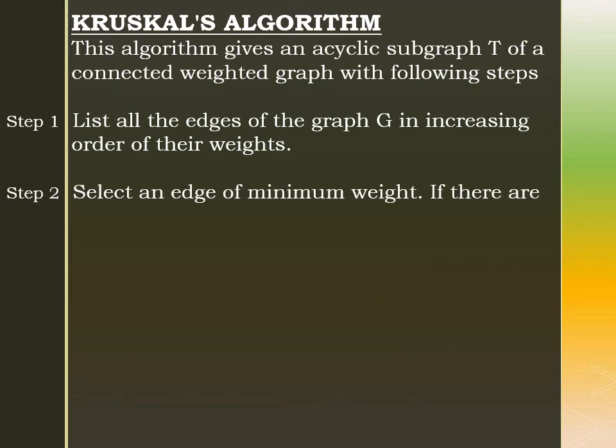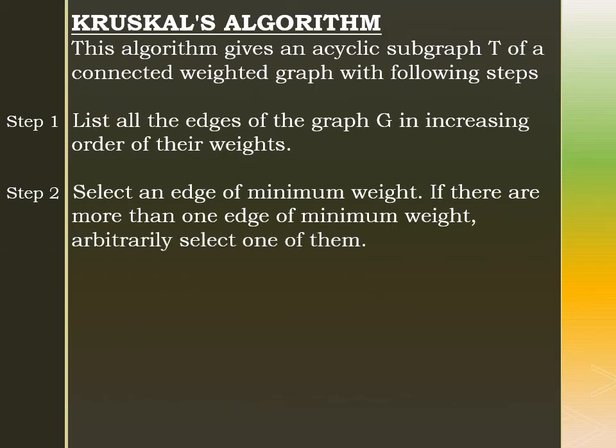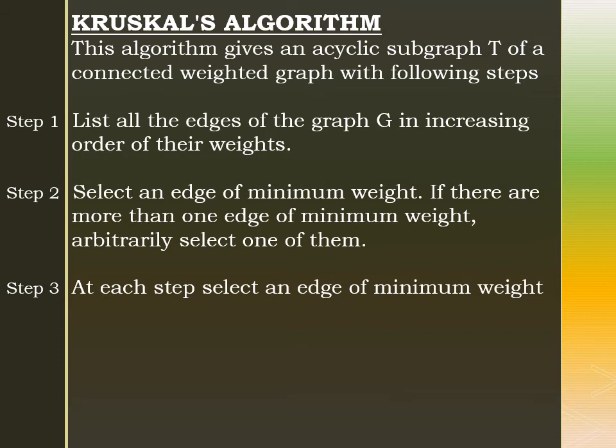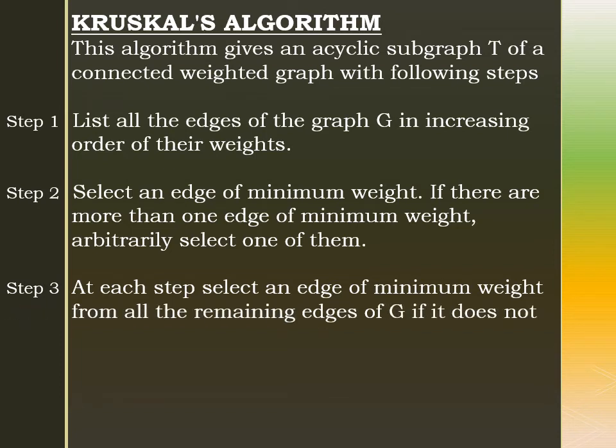The algorithm starts with selecting the edge with minimum weight, and if there is more than one edge with the same weight, we can arbitrarily select any one of them. At each step, we go on selecting the edge of minimum weight from all the remaining edges.